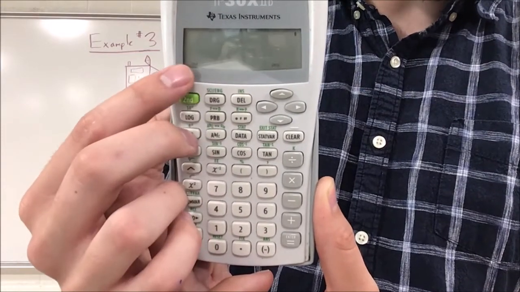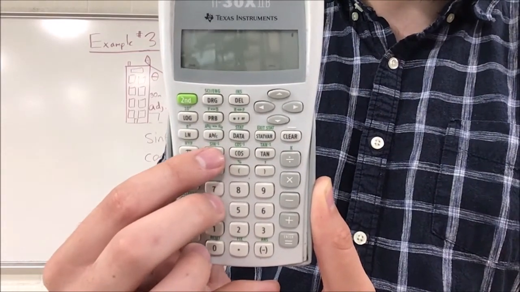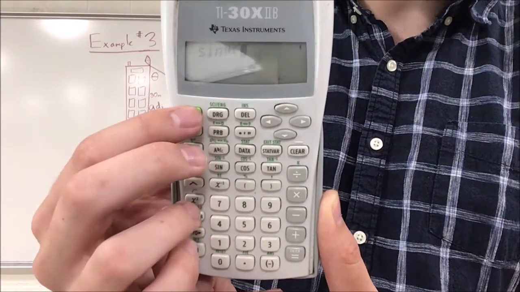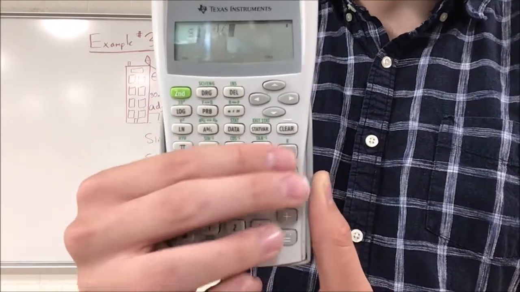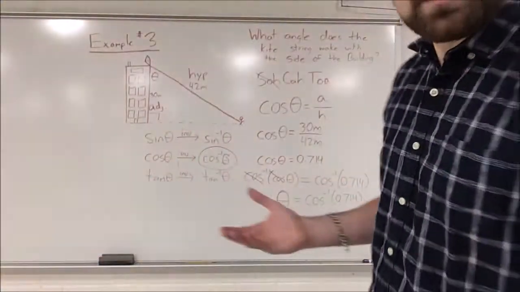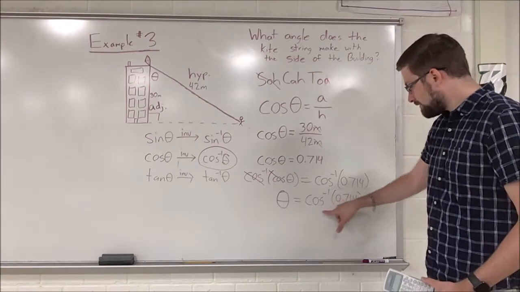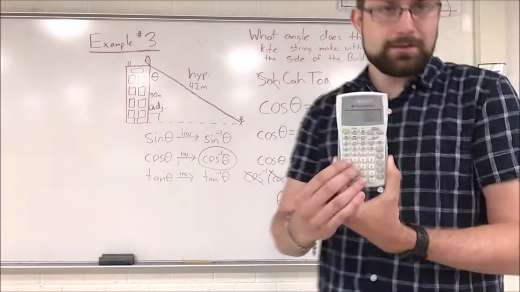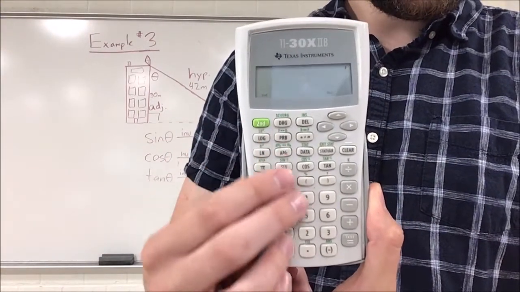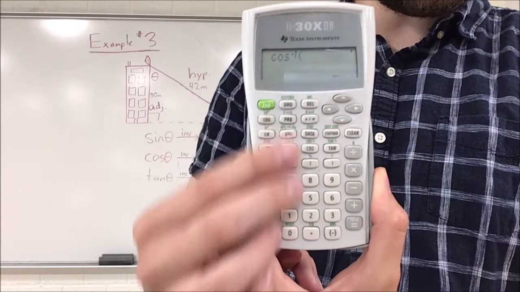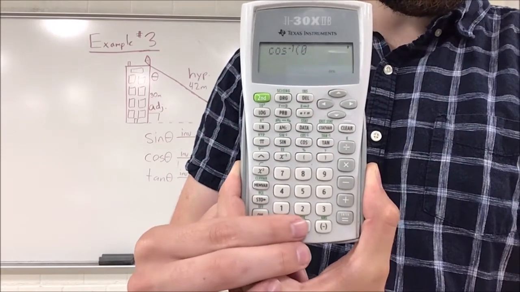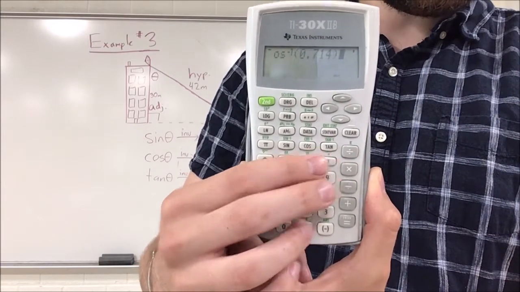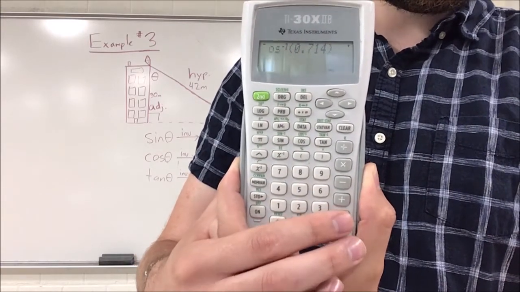The second button sends the little signal up here, and then any trig function I plug in will be sine to the negative 1 or cosine to the negative 1, whatever I want that to be. So for this problem, I need to get the inverse cosine function and plug in 0.714. So I'm going to hit second cosine, so there's my cosine inverse of 0.714. I'm going to close that parenthesis and hit equals.